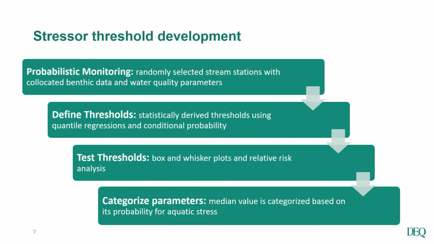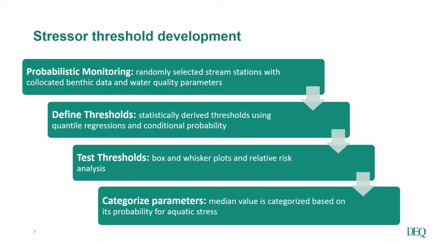And then the next step, once we've defined those thresholds, we can test them using some box and whisker plots and relative risk analyses to make sure they make sense across the state and that the macroinvertebrate data agrees with these thresholds as well.